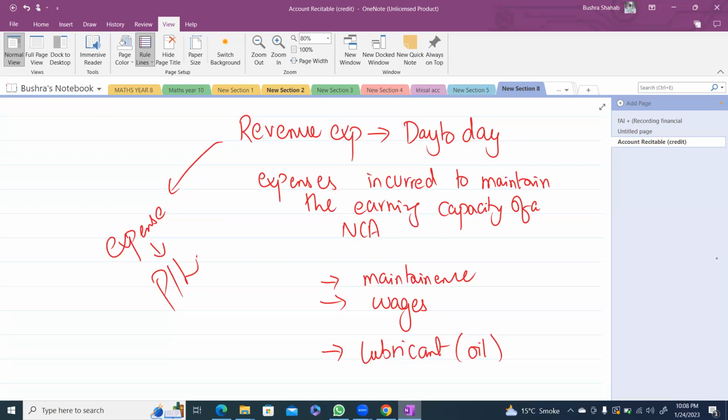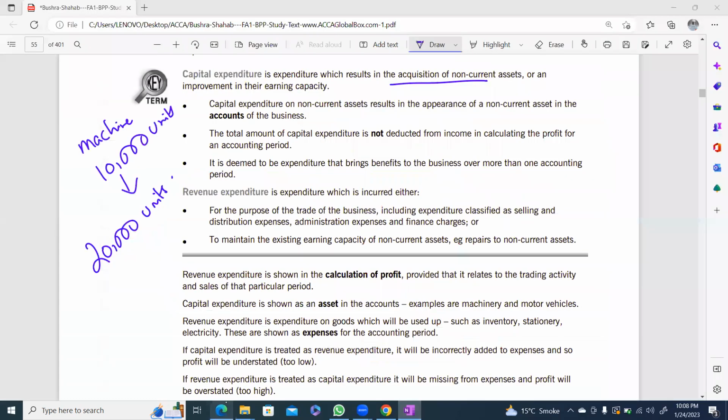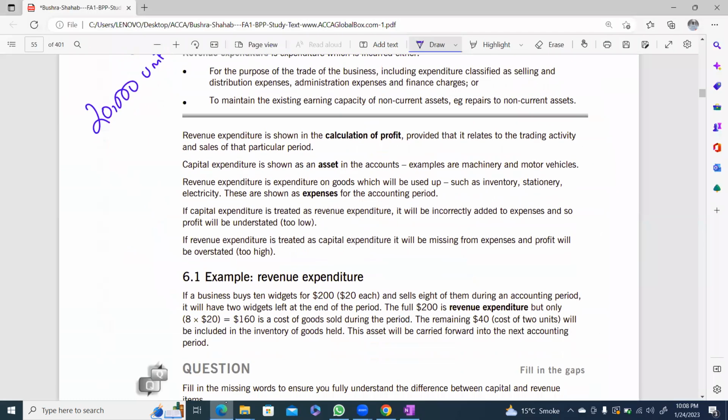That's why we are adding all the delivery cost, transportation, custom duties, and professional fees to that particular cost of an asset. Now, revenue expenditure is an expense, so it will be shown in the profit or loss statement. Capital expenditure is to be recorded in the cost of an asset.